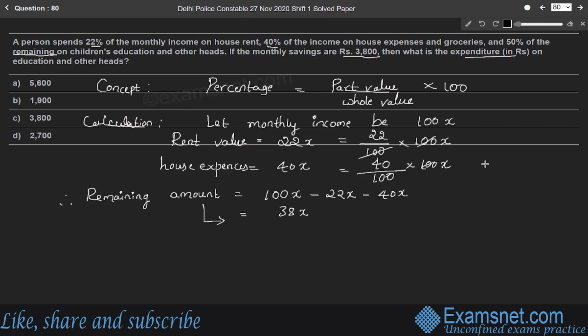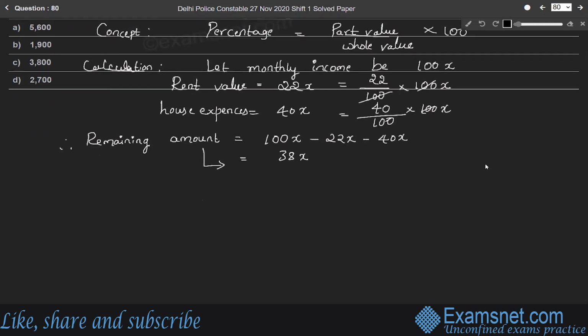In that remaining amount, 50% of the remaining amount is spent on children's education and other heads. So 50% of the remaining amount is 19X.